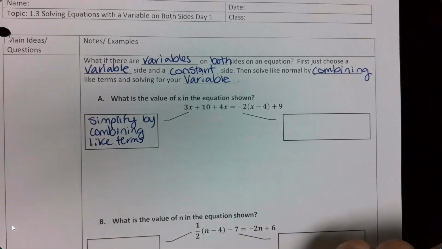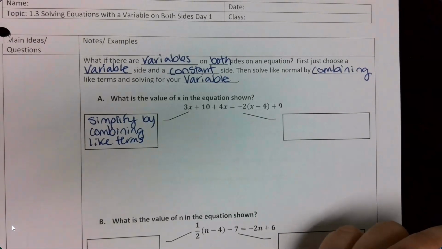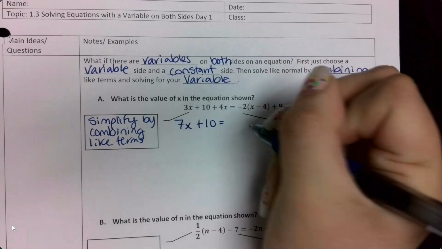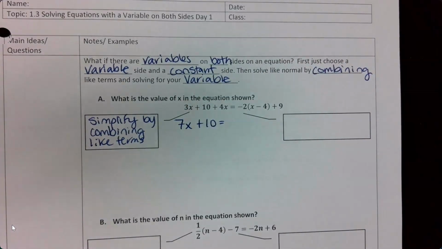So what's 3x plus 4x? Okay, and then the 10 stays the same. What do you guys want me to do on the other side of the equation?